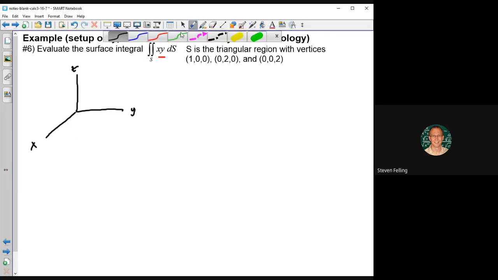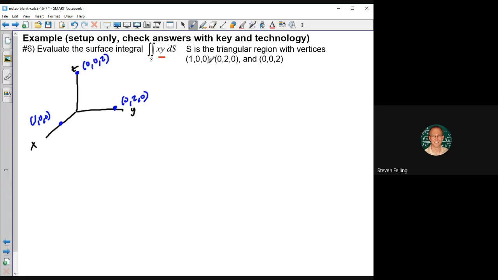I've got the point (1, 0, 0), so 1 for x, 0, 0. Then I've got the point 0 for x, 2 for y, 0 for z. So this is (0, 2, 0). Then I've got the point 0 for x, 0 for y, 2 for z. So that's up here, (0, 0, 2).